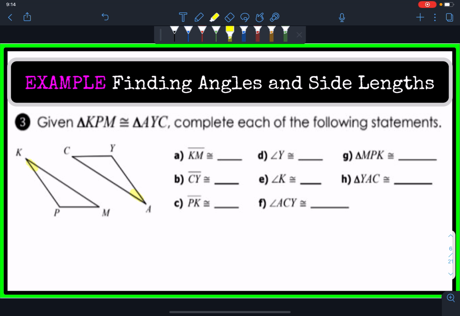So those 2 angles are congruent. So they're equal to the exact same angle measurements.